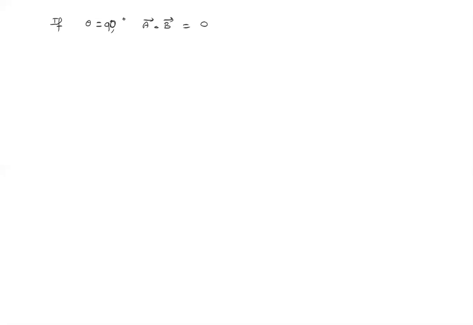If theta is 0, a bar dot b bar is mod a mod b, which means both vectors are in the same direction. If theta is 180 degrees, a bar dot b bar is minus of mod a mod b.